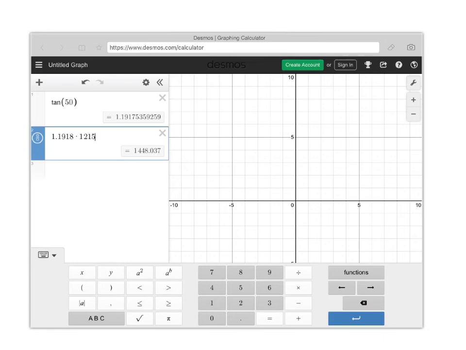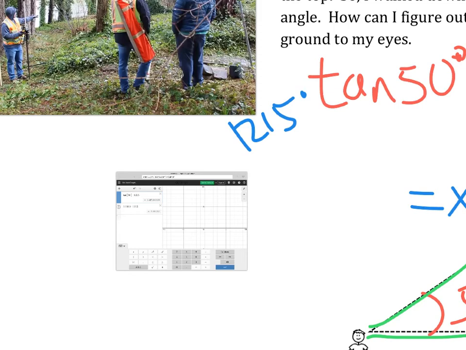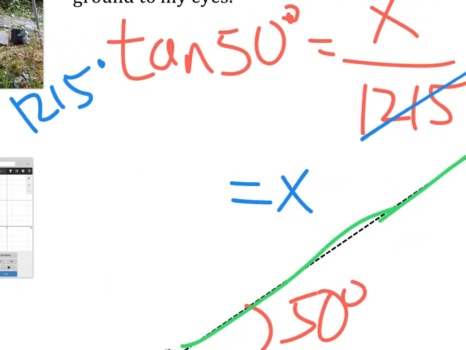And we got this answer, 1448. Now, there we rounded and retyped. As we saw before, it can be helpful, especially when you're dealing with large numbers like 1,215, to go ahead and type it in. In this case, we get about the same, and this one rounds to 1448. So we round to the same thing. So 1448 is our number x.